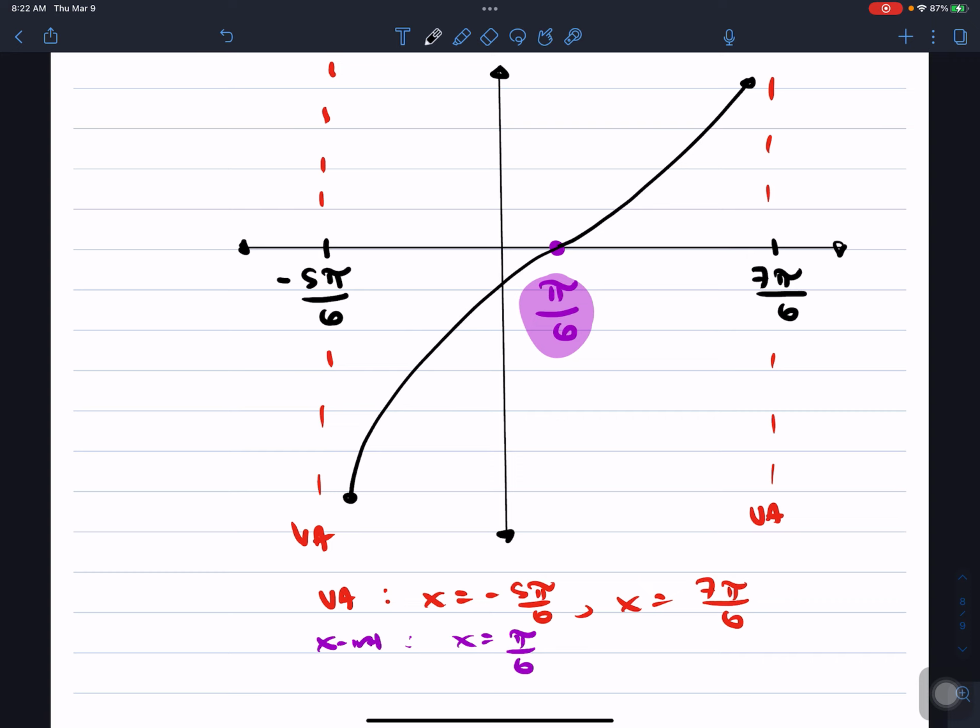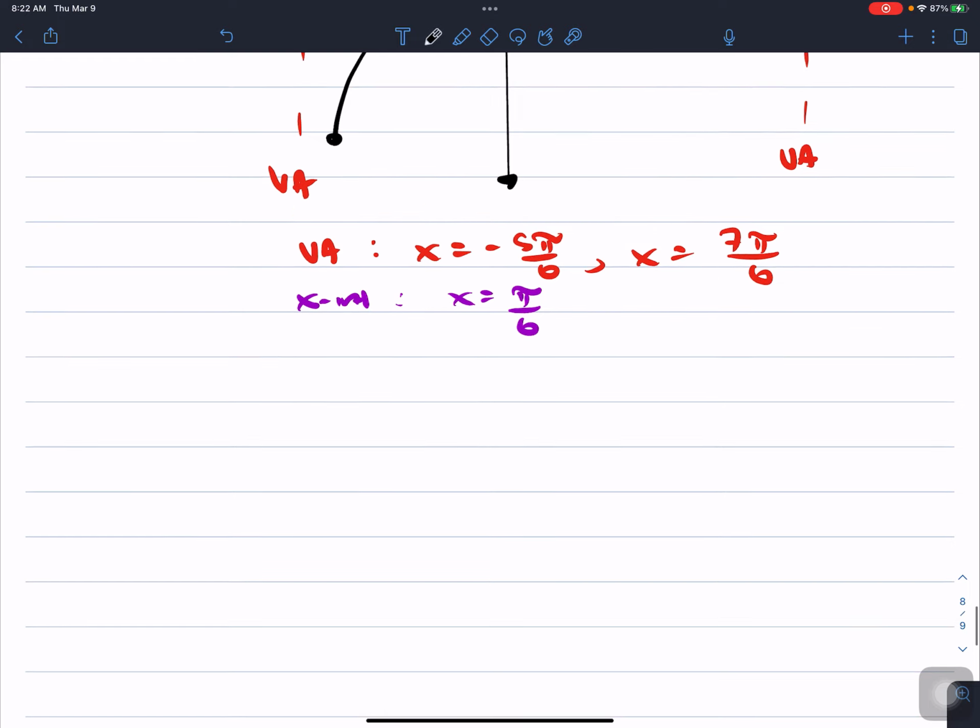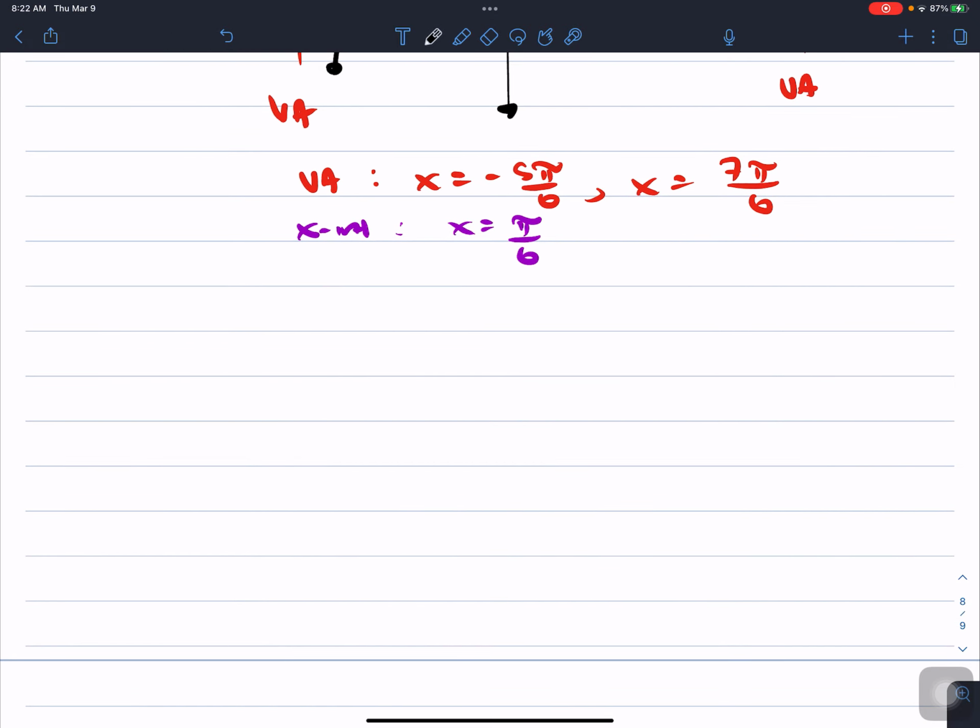What do you guys think? Is that okay? Anybody have any questions on this one here? That one okay? Should we have you guys try one?